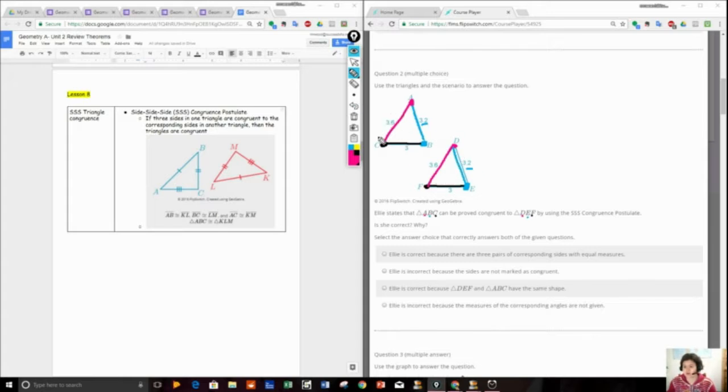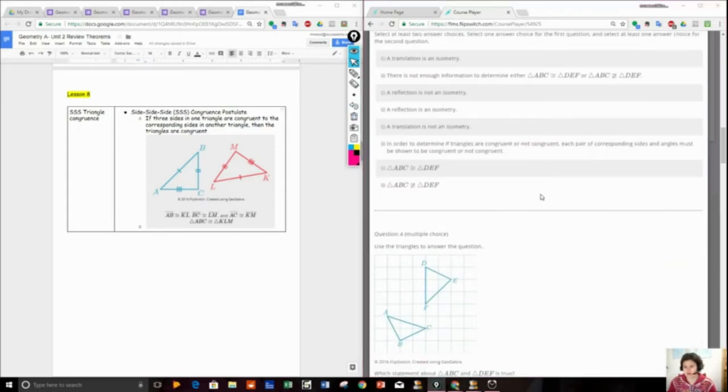So the corresponding sides are all congruent because they're all the same measure. So Ellie is correct because there are 3 pairs of corresponding sides with equal measures. There we go. That's exactly what the side-side-side congruence postulate is.